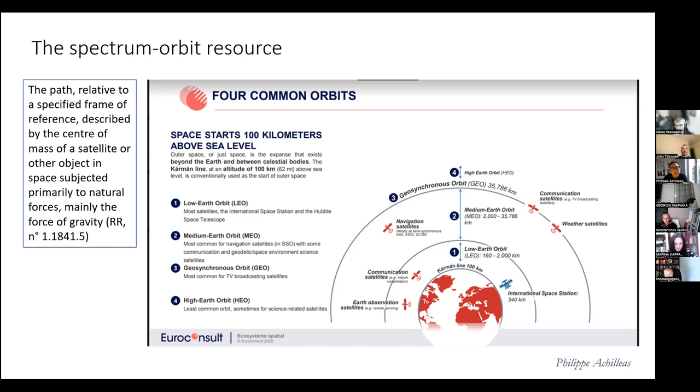We call it a constellation of satellites. You see, it's not very complicated, but you have to know why you are using a satellite and place it at the right orbit regarding the service you want to provide on Earth.